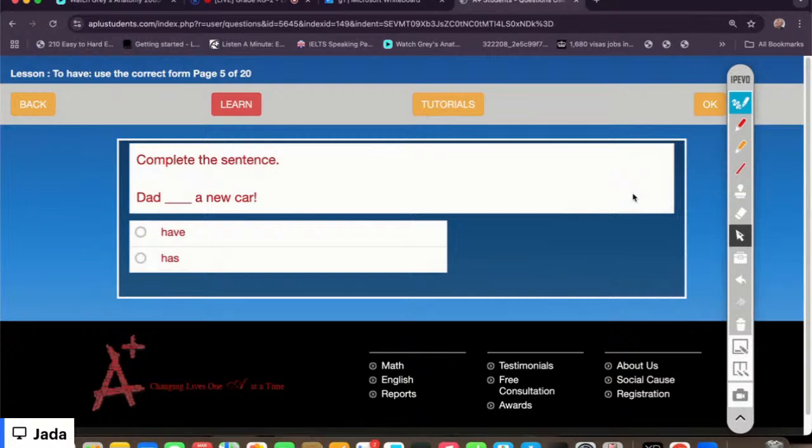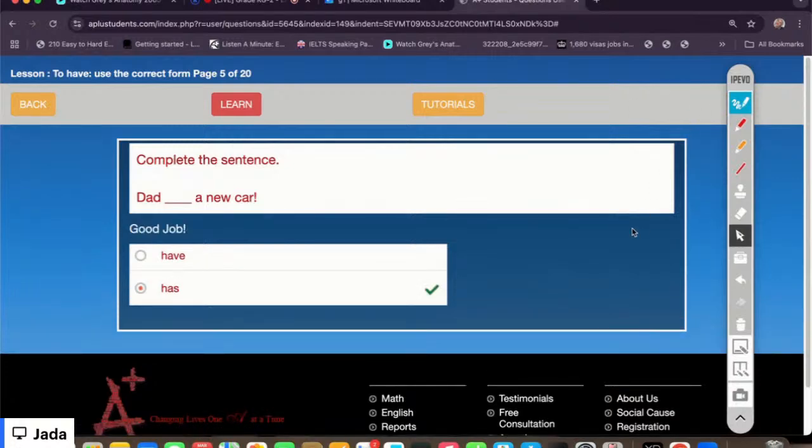Which one? Okay, so we will say dad has a new car.